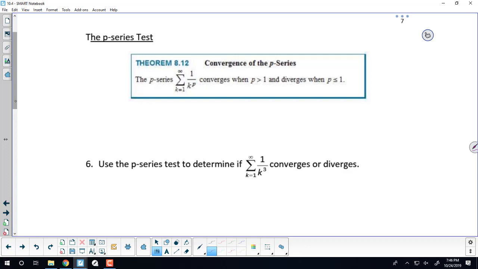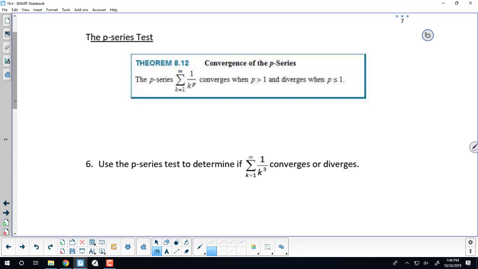This is just a result of the integral of 1 over k to the p. I don't know that I would necessarily call it a test. It's just a particular type of series. And you can see that when p is equal to 1, we have 1 over k, which is the harmonic series, which diverges.